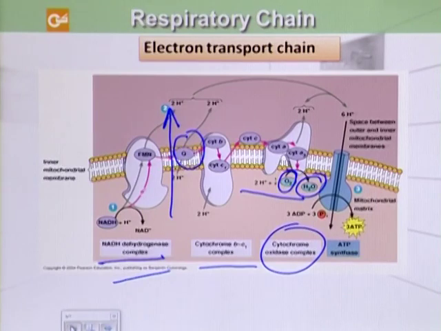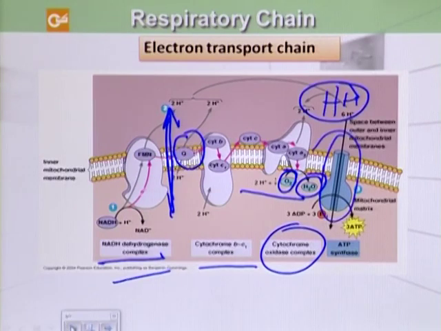So you can see here the pump which was formed due to this electron transfer. The proton concentration increases, and due to the movement of the protons from this side to this side, this pump operates and it results in the formation of an ATP molecule.